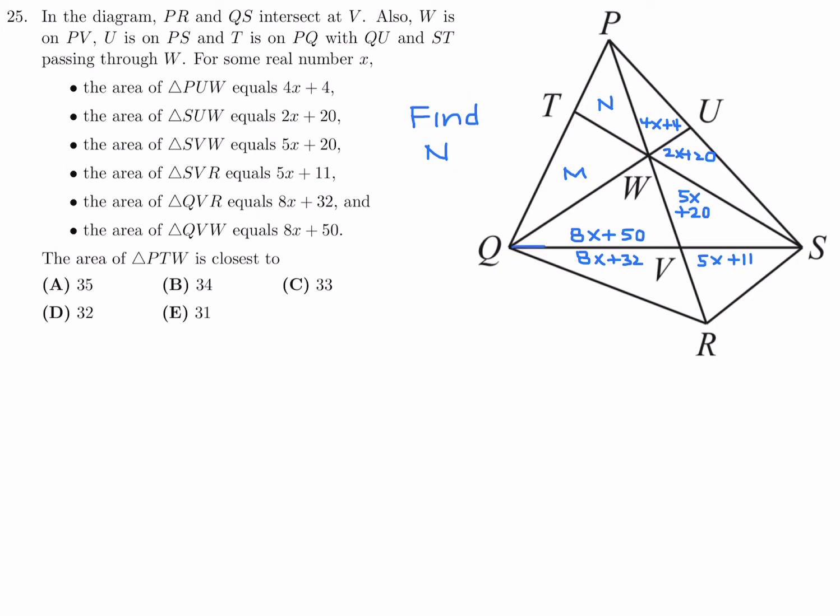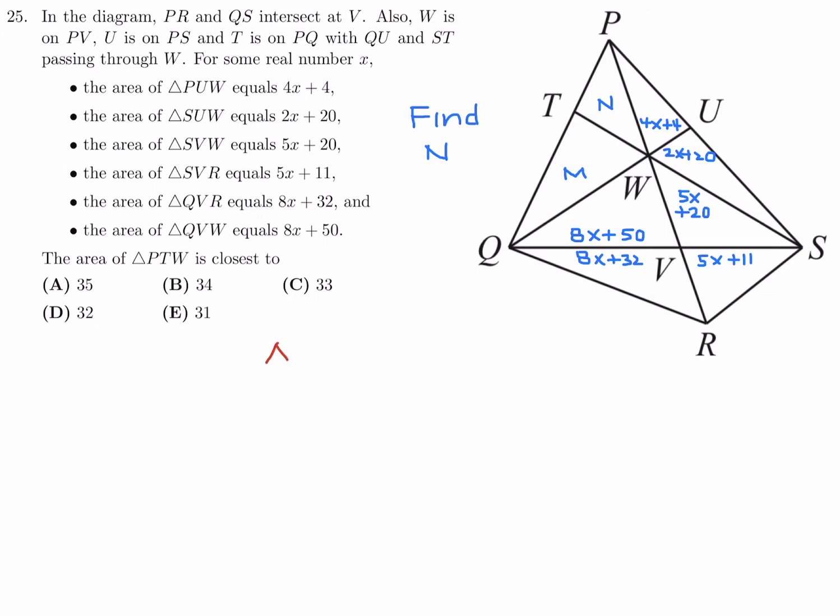And just like the primer, this triangle over that triangle is equivalent to the bases, QV over VS. So when you add it up, what do we get? Well, before I even include M and N, I think it's easier to just include these ones since we already have them.